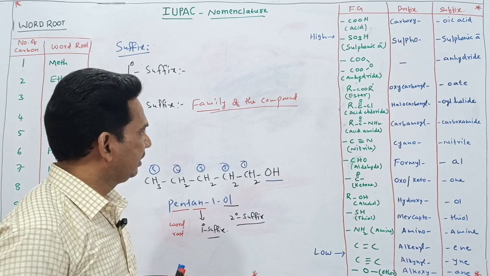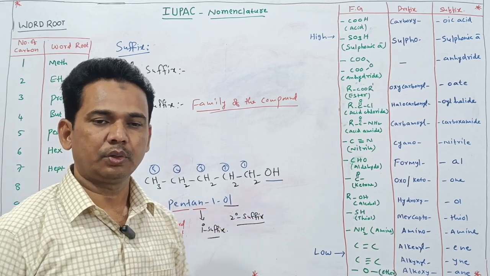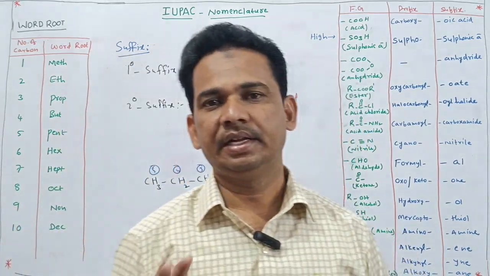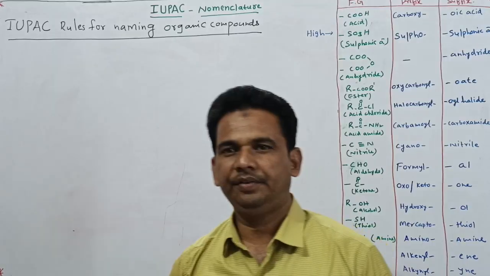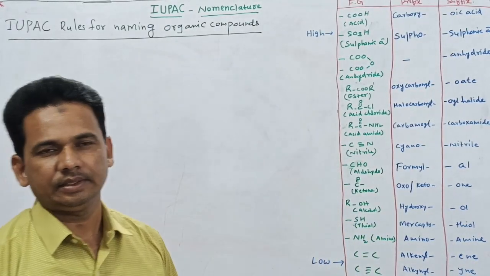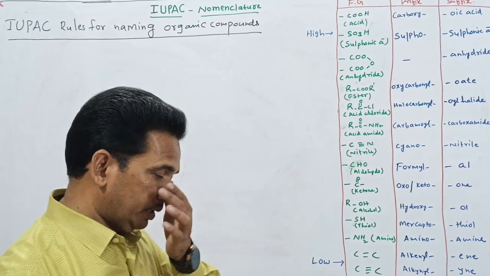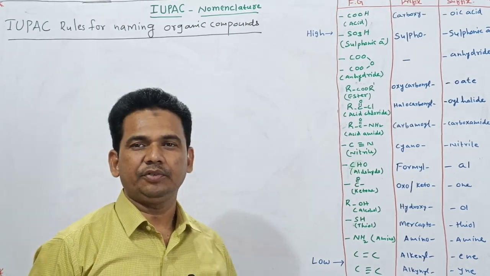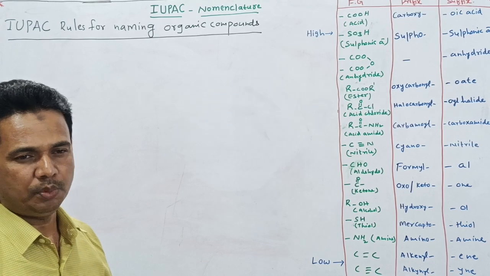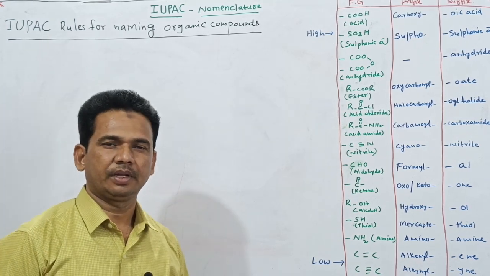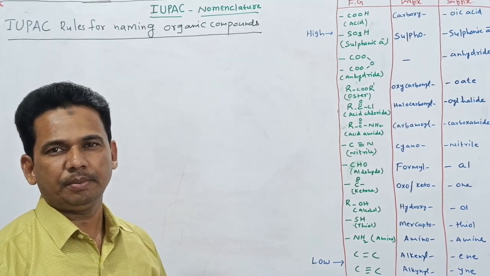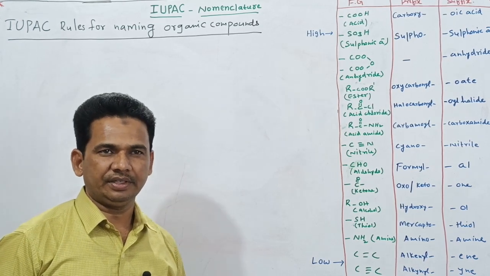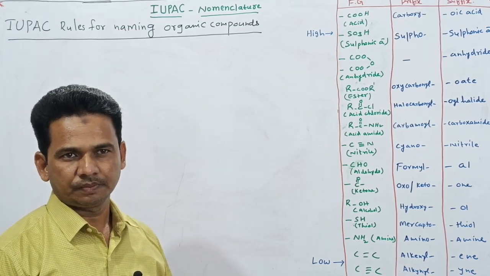Okay, next we will go for the rules of IUPAC nomenclature. Dear friends, in the last class we discussed the IUPAC nomenclature. We discussed the composition of the nomenclature, like which one is called the prefix, which one is called the suffix, and what is the word root.